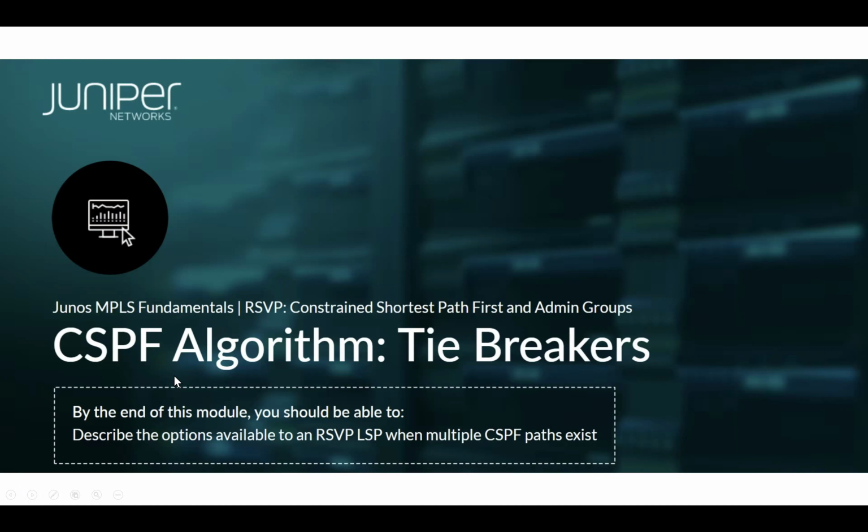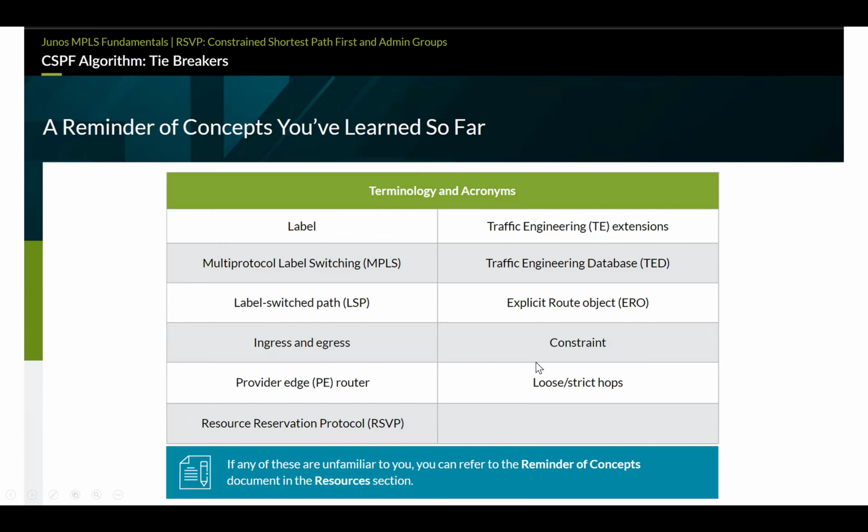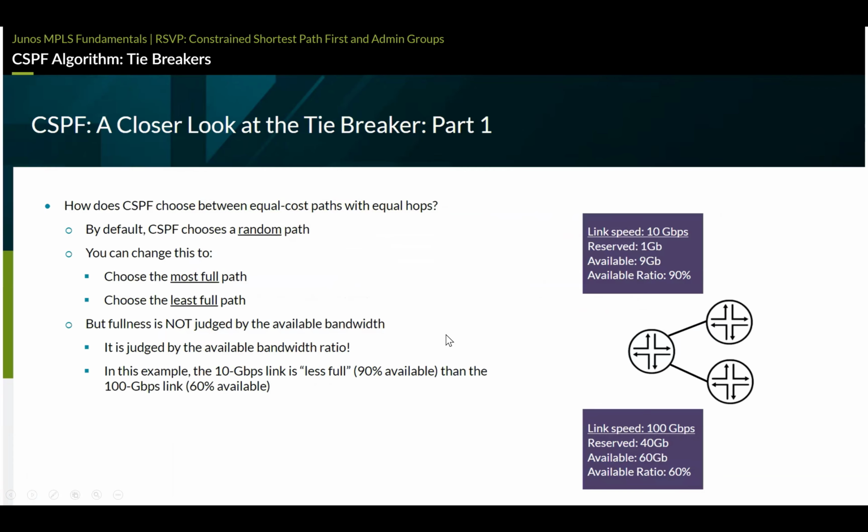Now we are in section 2, CSPF algorithm tiebreakers. This is some terminology you already know. CSPF, a closer look at the tiebreaker, part 1. So this is the topology. See here, this link speed is 10 Gbps. This link speed is 100 Gbps.